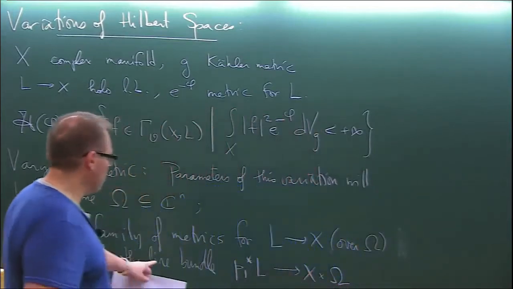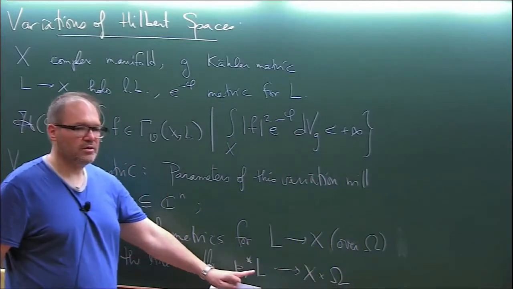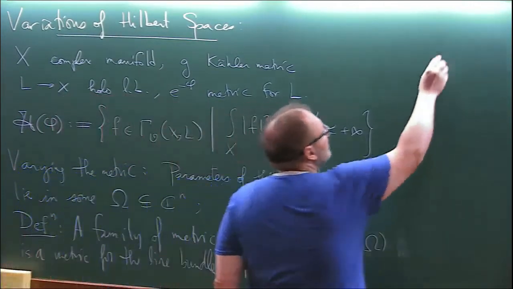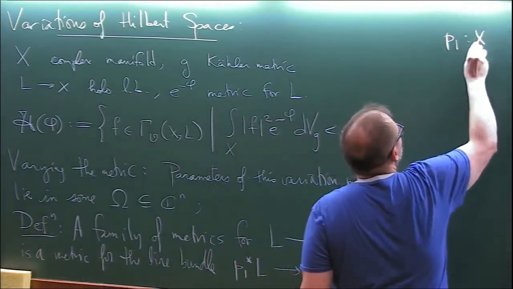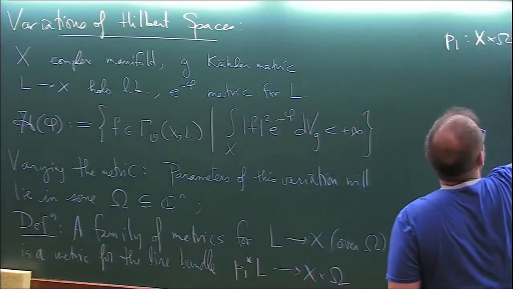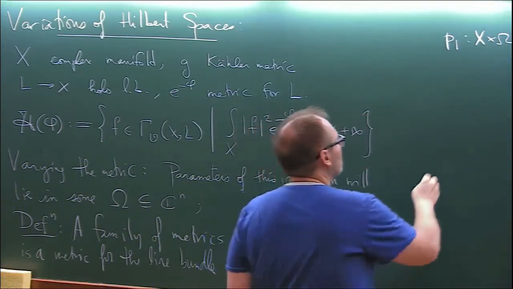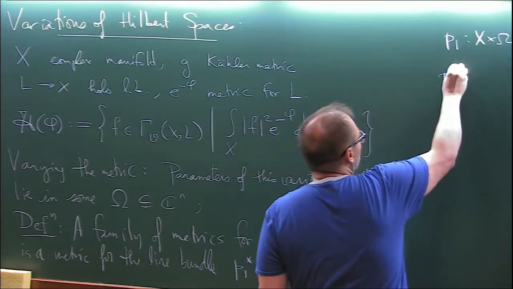It's a metric for the line bundle which is the pullback of L by the projection to the first factor. This p1 from X cross omega to X is the standard projection. Let me just remind you, what's a pullback?